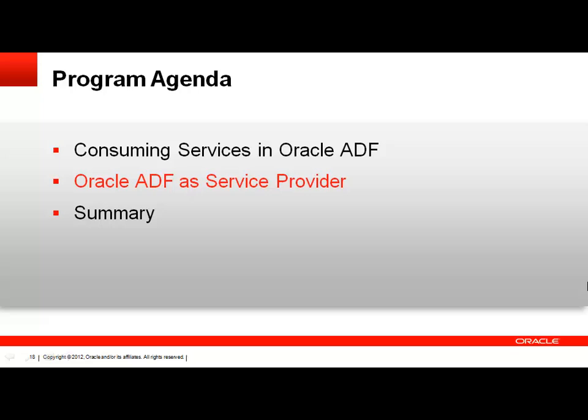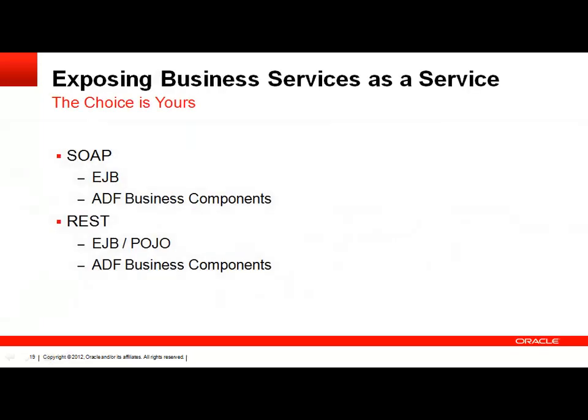So far we looked at how to consume a web service from ADF. Now we turn it around and look at how to expose an ADF business model as a service to other service clients like a JAX-WS proxy client. As before, we do have two choices here. One is to expose a model as a SOAP service, and the other is to expose it as a RESTful service.